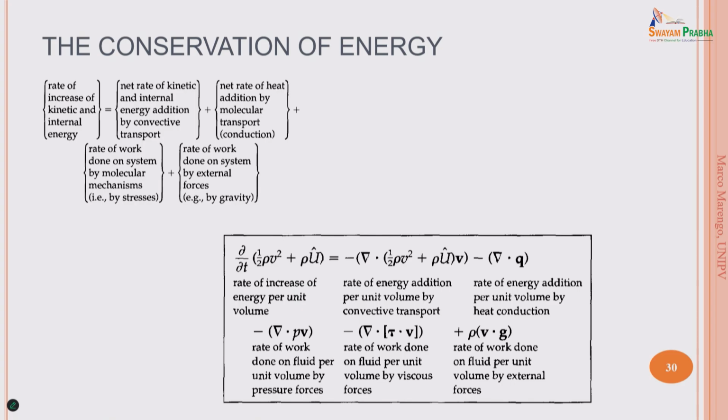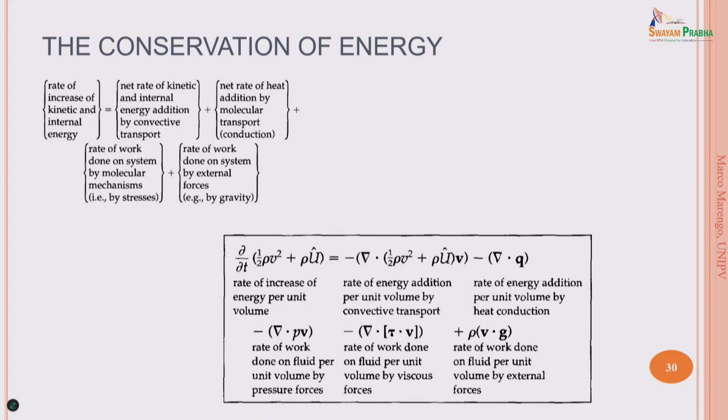Then we have the rate of work done on the system by molecular mechanisms, so viscosity and pressure, plus the rate of work done on the system by external forces, accelerations. So we can write down this sentence.